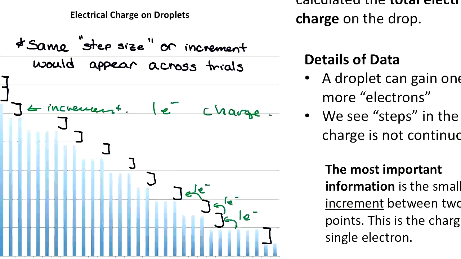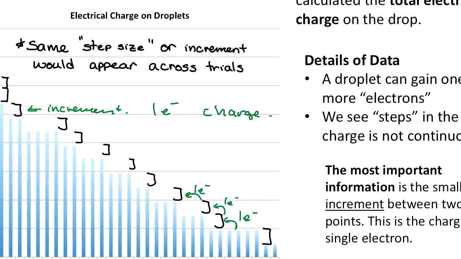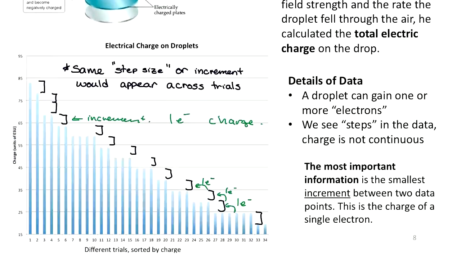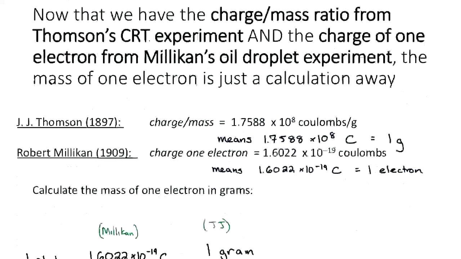All right, so I'll go back to this graph. Again, the important thing is the increment. It's not necessarily this smallest amount, because we don't know if there is 1 electron on this oil droplet. We don't know that. But what we do know is the smallest increment is constant here.